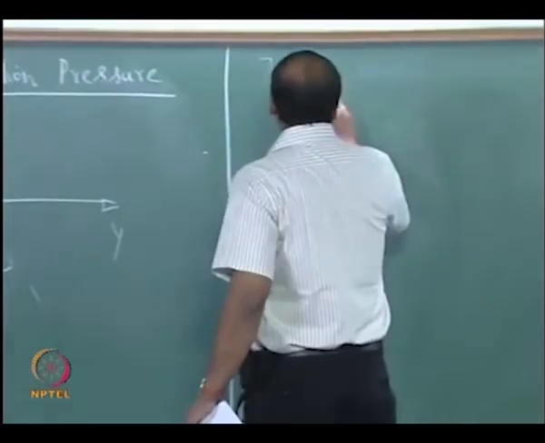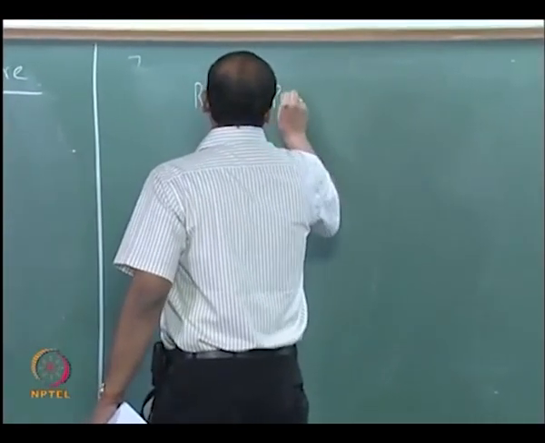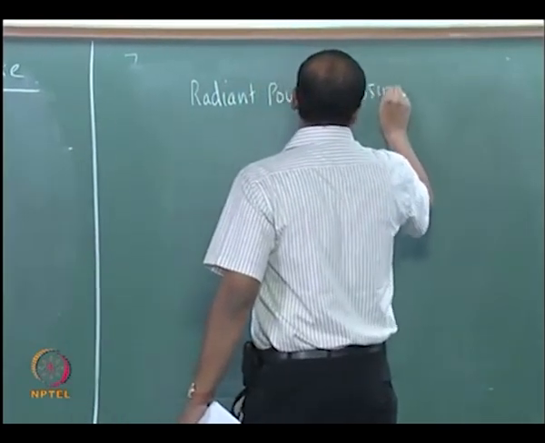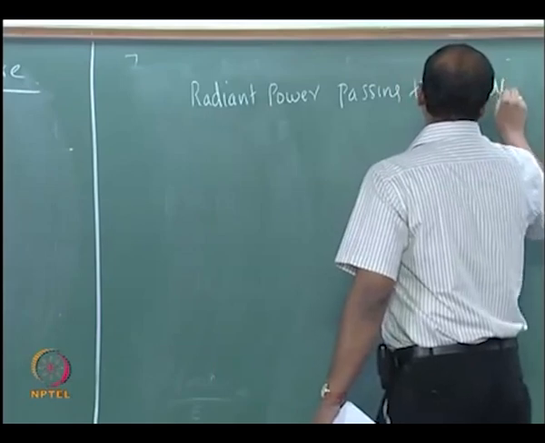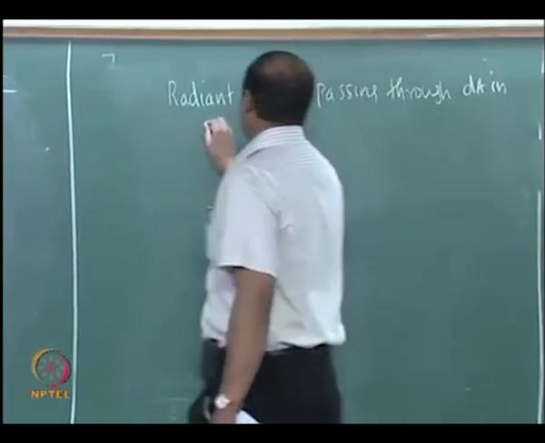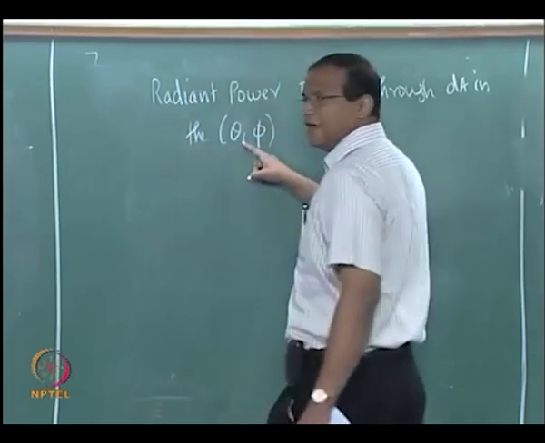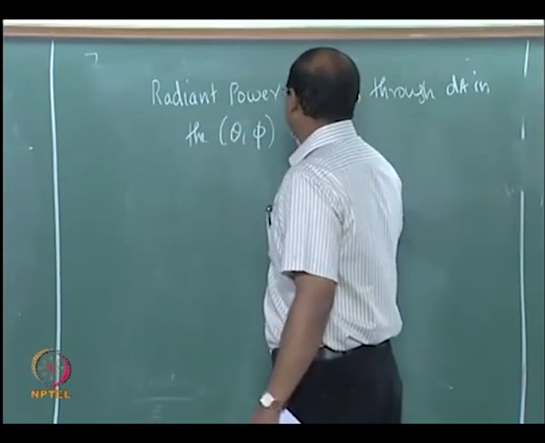So radiant power passing through, so this is very compact notation for saying theta phi direction, you can put it in brackets.